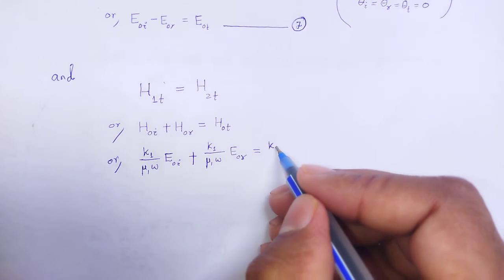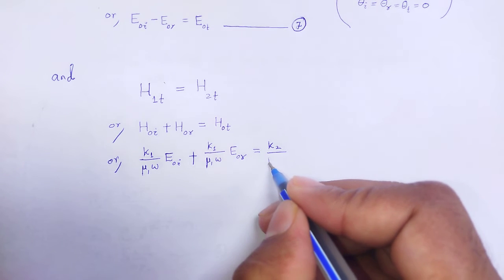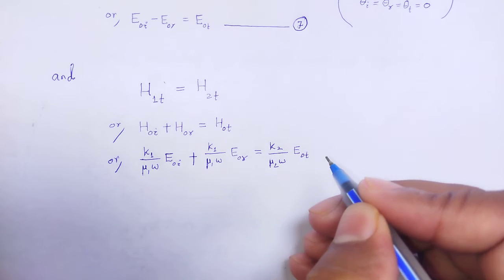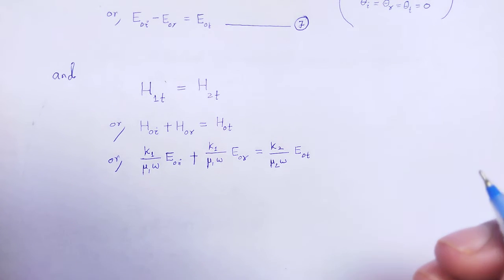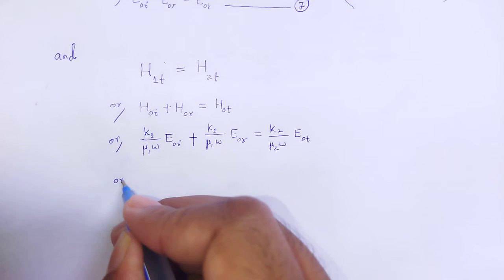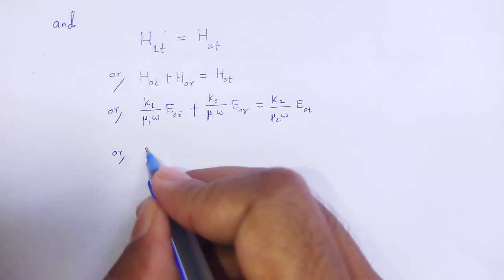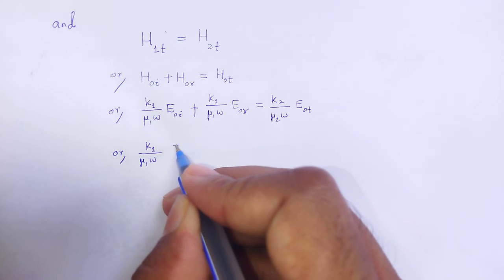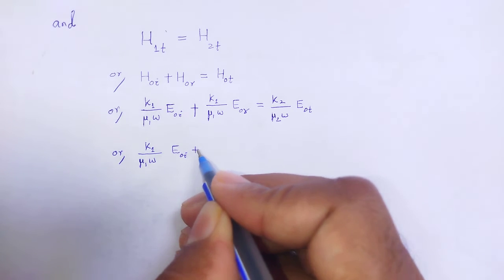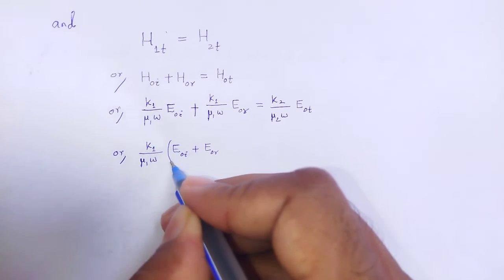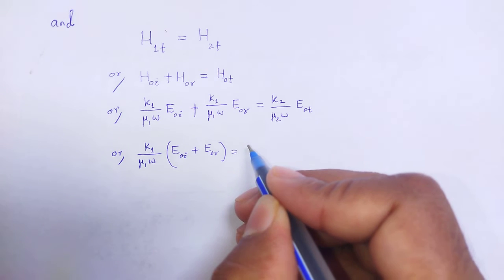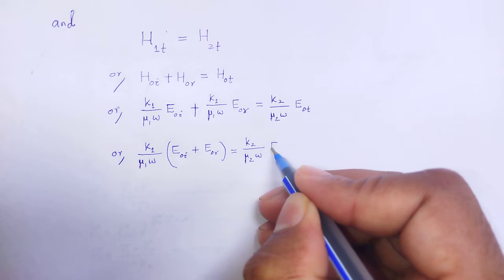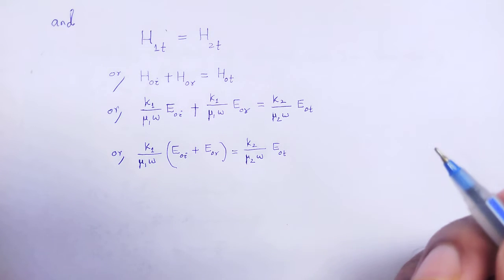This is medium 2, K2 divided by mu2 omega E0T. Or, common K1 divided by mu1 omega, E0I plus E0R is equal to K2 divided by mu2 omega E0T.